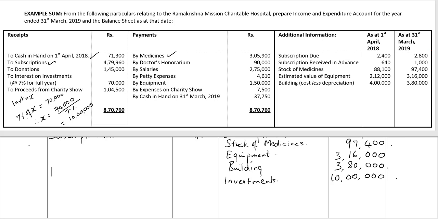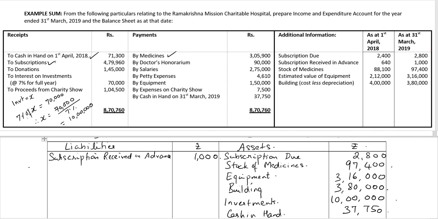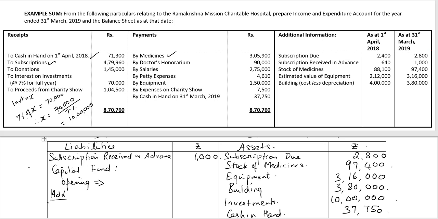And on the payment side, the last item, cash in hand at the end of the accounting period. Cash in hand, 37,750 rupees. So we'll insert the capital fund, the opening balance, and add the surplus for the accounting period.